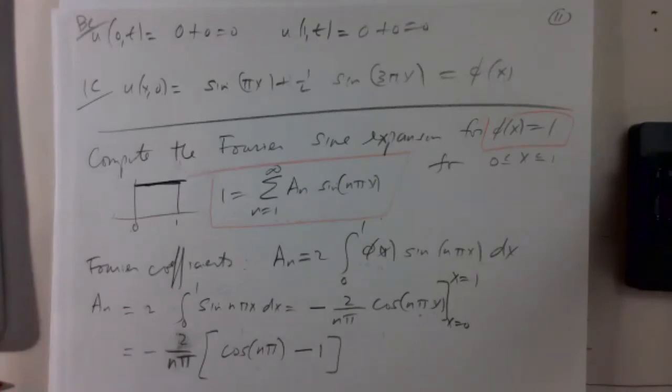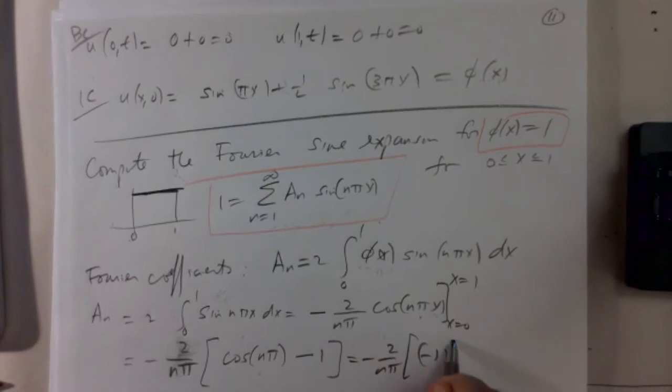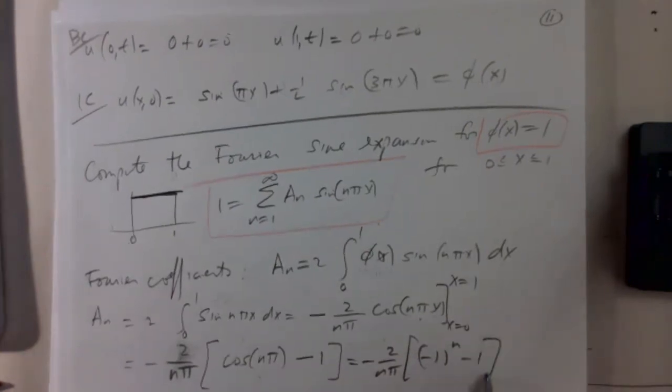What's the cosine of 2 pi? 1. What's the cosine of 3 pi? Minus 1. What's the cosine of 4 pi? 1. What's the cosine of n pi? Negative 1 raised to the n. It's minus 1 to the nth power.